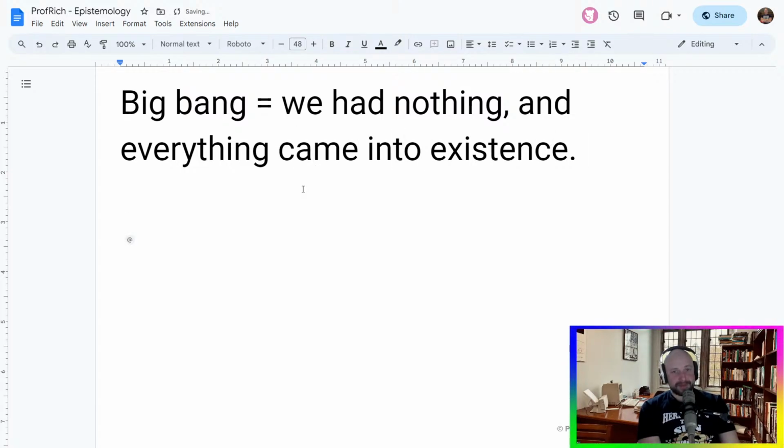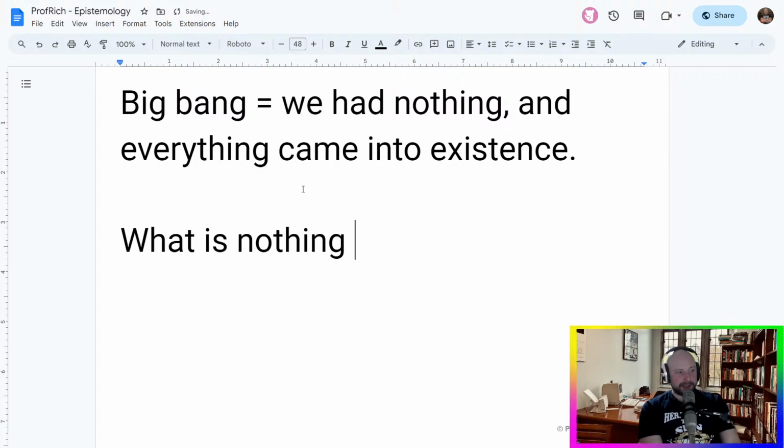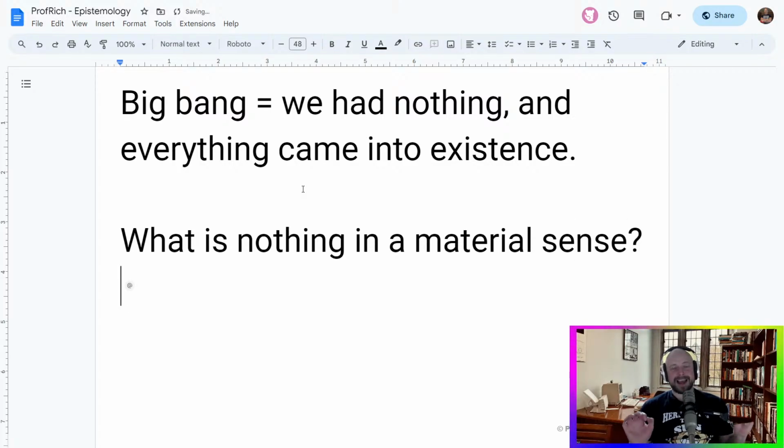This is the current scientific theory of the universe, which begs the question, what is nothing in a material sense? In other words, how can nothing exist if you're a materialist?